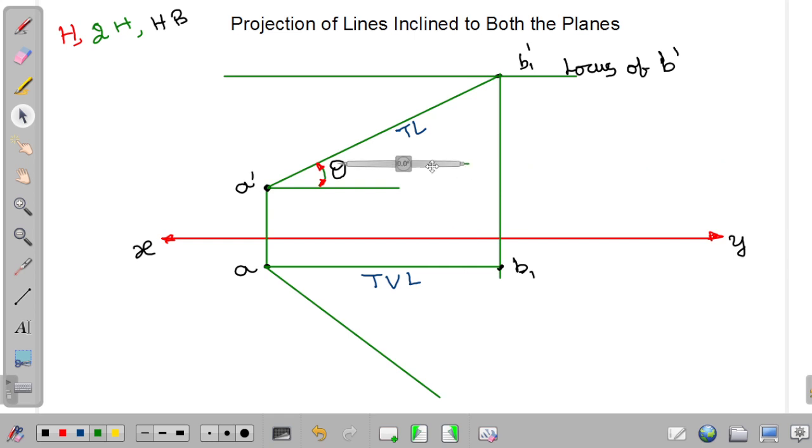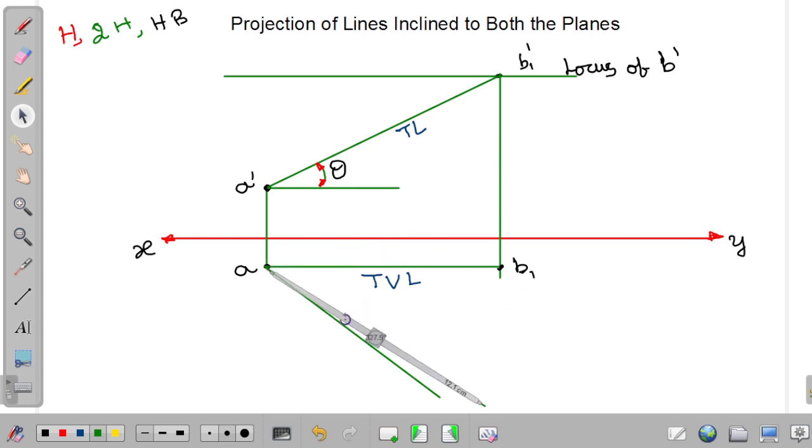So here A dash B dash is your true length. I will consider the same length in the top view also.